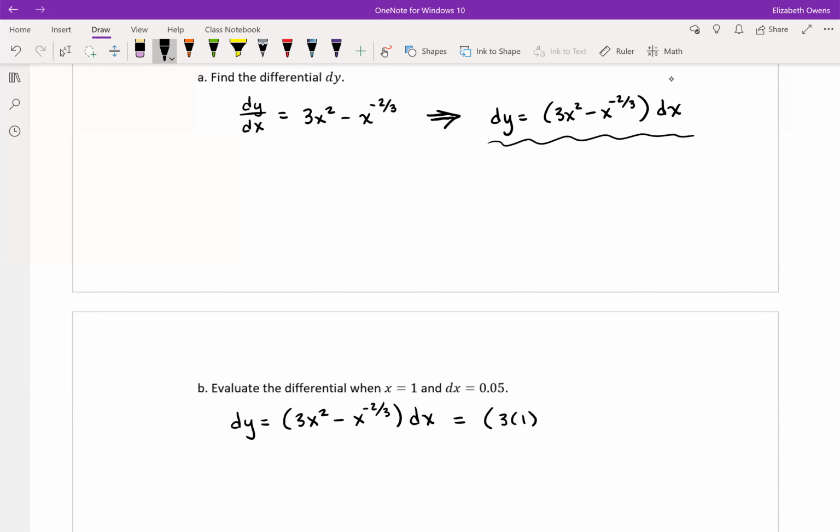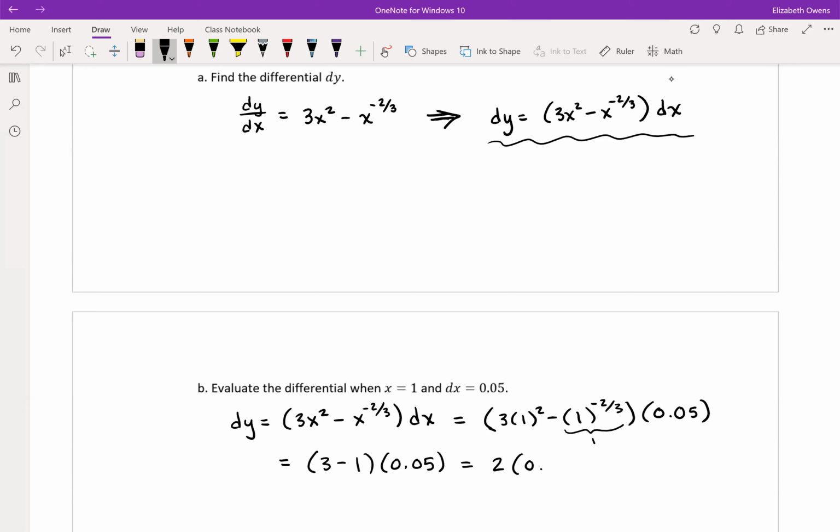3 times 1 squared minus 1 to the negative 2/3 times our dx there, which is 0.05. Okay, and so we get 3 minus 1 here, because 1 to any power is still just 1, times 0.05.